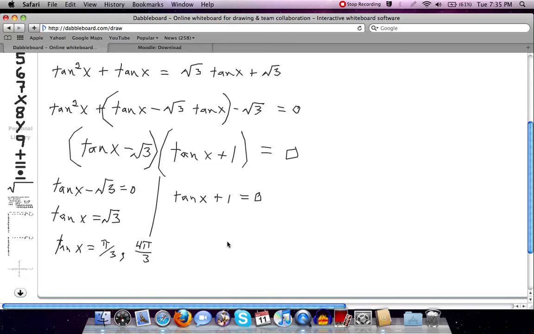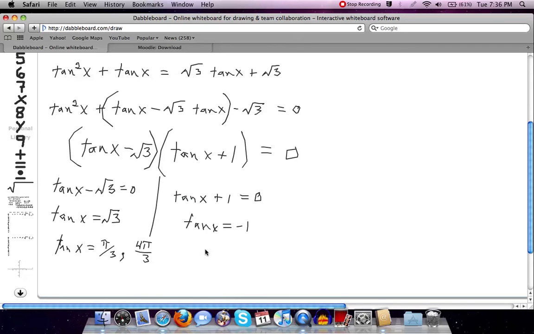On this side, this factor equal to 0 becomes tangent of x equals negative 1. And where is the tangent equal to negative 1? First of all, negative values of tangent are in quadrants 2 and 4.